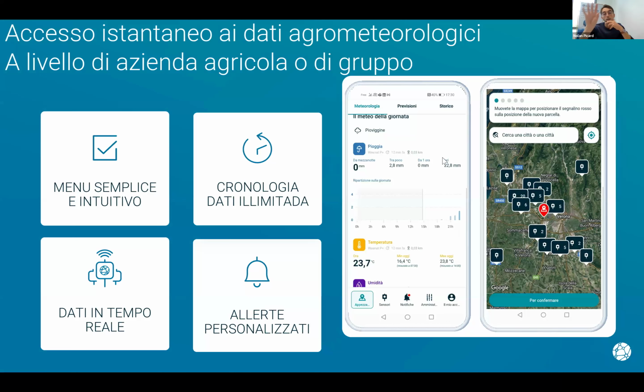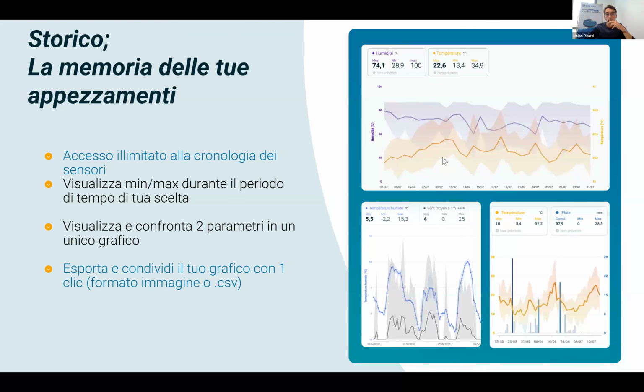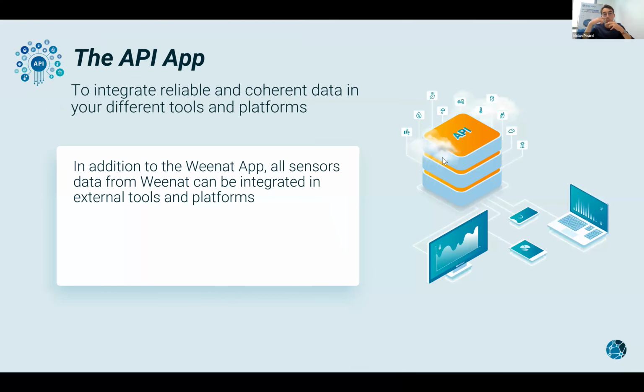We have at Weenat the two offerings, the monitoring platform and the monitoring sensors, but because our story is mainly focused on the farmer side, on the user aspect, we in general integrate our data in external platforms made from the point of view of the electricity producer. So basically, this is what Weenat is doing on the agrivoltaic part, which is monitoring.